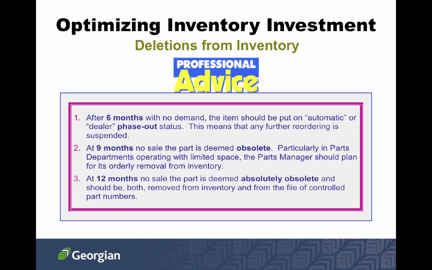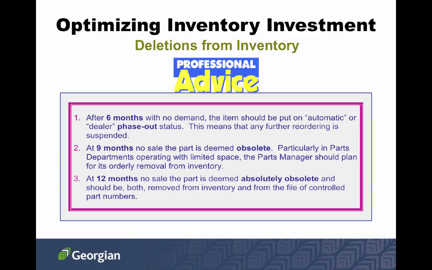At 12 months no sale, the part is deemed absolutely obsolete and should be both removed from inventory and from the file of controlled part numbers. It is absolutely obsolete, but you still may not want to drop it from the inventory file. Well, perhaps this is a part that's used also on another model, and then on that other model it hasn't come into its normal replacement cycle, but it is something I want to continue to track.